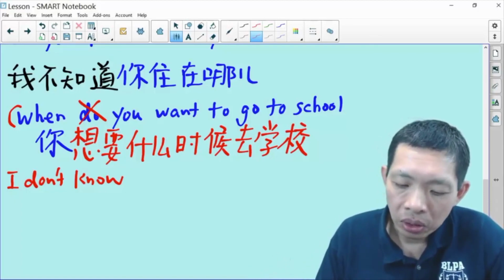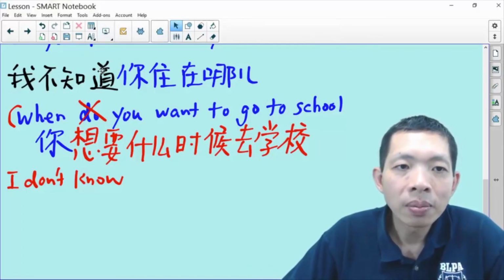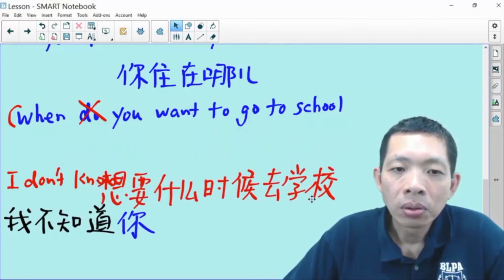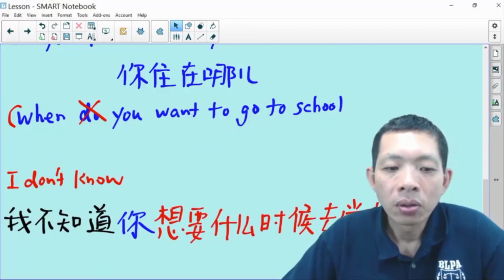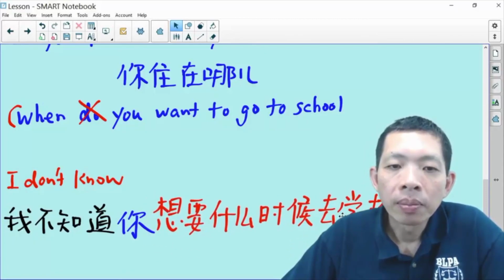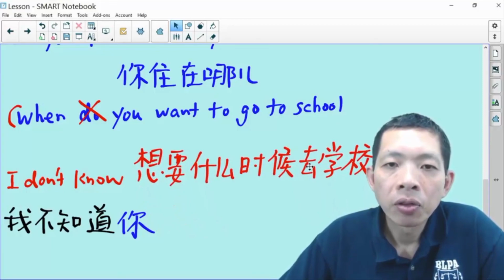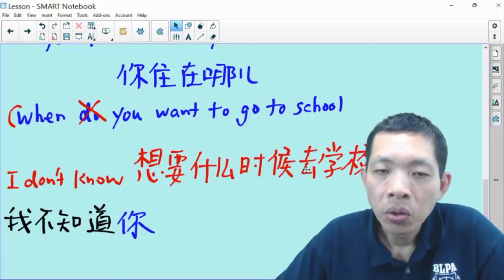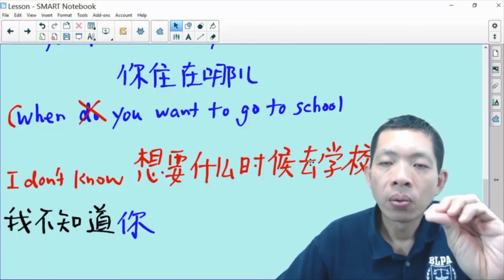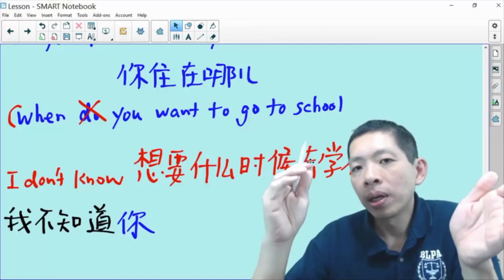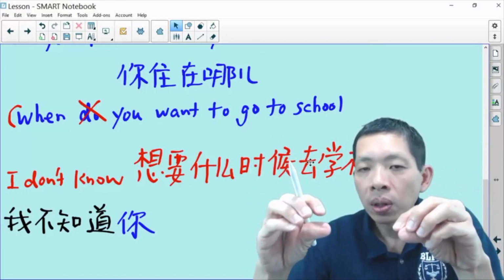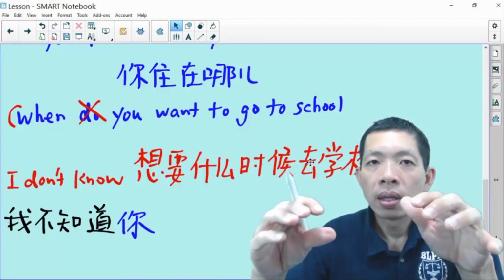In Chinese you can simply add 我不知道你想要什么时候去学校. You keep the same thing, so you don't have to change the subject and verb. So when you see the sentence I don't know, you have to think about part one and part two. Make sure you understand that because we're going to use this so often.